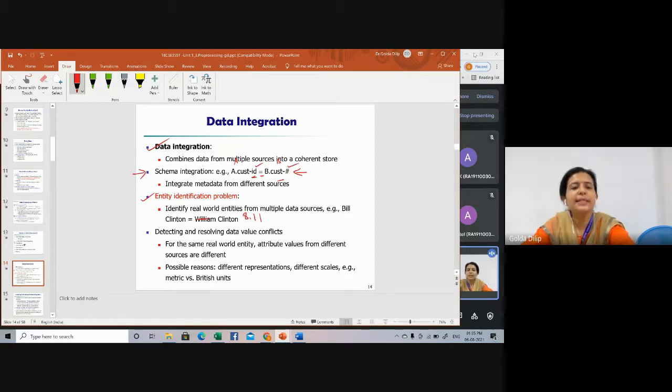That is what the entity identification problem is all about. Or how can the data analyst, or even the computer, be sure that customer ID in one database is equal to customer number in another database, so both are referring to the same attribute. That is a major thing to be looked into.